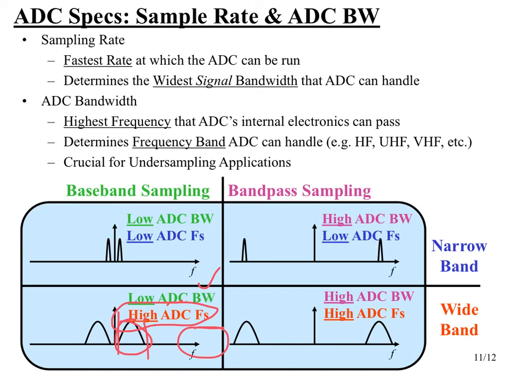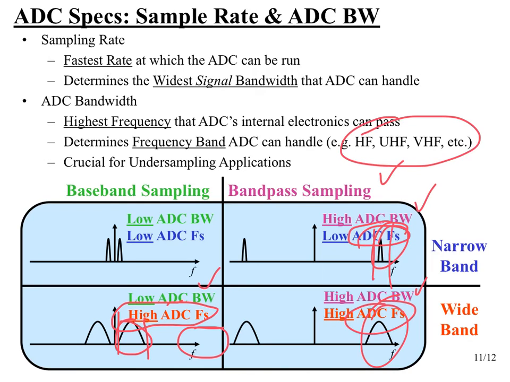Similarly for bandpass sampling, for both of those, we need a high A to D converter bandwidth because the signal is living at some very high frequency, maybe HF, UHF, VHF, or higher. But the sampling rate depends upon the width of the signal, not where it resides. So hopefully that gives you a clue as to what you need to look at.